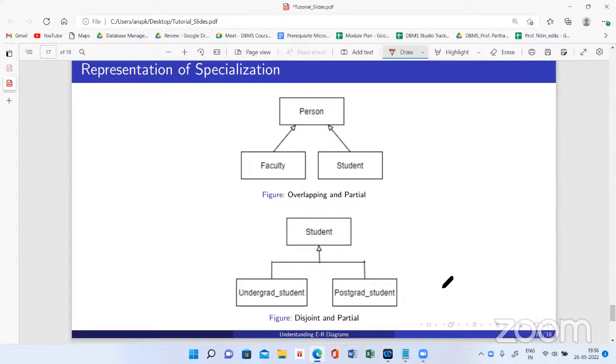Please explain the connection. Okay. So for example, if I say employee, right? I say an employee could be a contractual employee or a permanent employee. Then what am I doing? I'm doing a specialization of the employee, right? When I say an employee can be of two kinds, contractual and permanent, I'm doing a specialization, and my approach is top-down. I'm starting with employee and dividing into two parts.